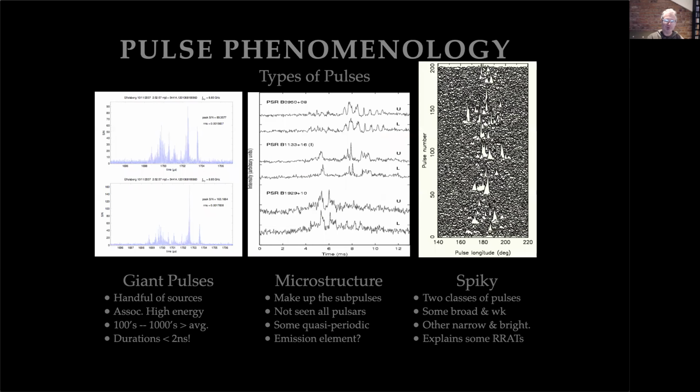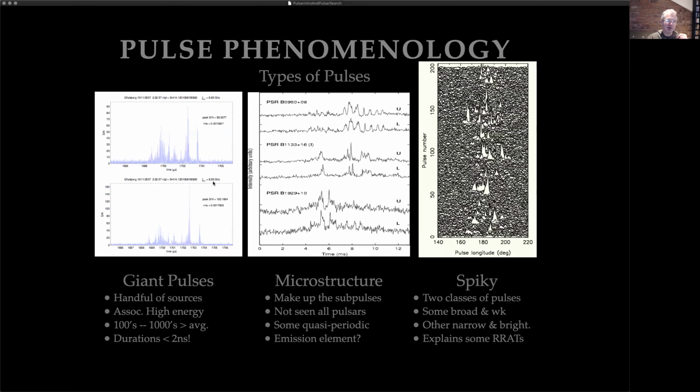More types of pulsars are known. There are these so-called giant pulsars, which can be hundreds to thousands of times brighter than the normal radio pulsar emission. Only a handful of sources are known to emit them, and all of those sources are known to also be emitting at high energy, so at X-rays, for example.